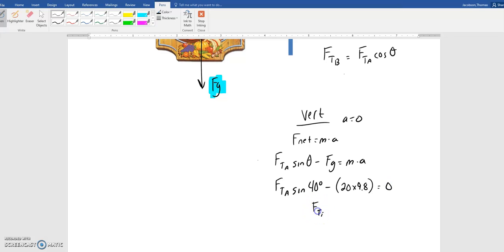So then I would do FTA sine of 40 degrees, and I would bring 20 times 9.8 over to the other side, so it'd be 196. And then FTA is going to equal 196 divided by the sine of 40. So 196 divided by the sine of 40 gets you 304.92 newtons.